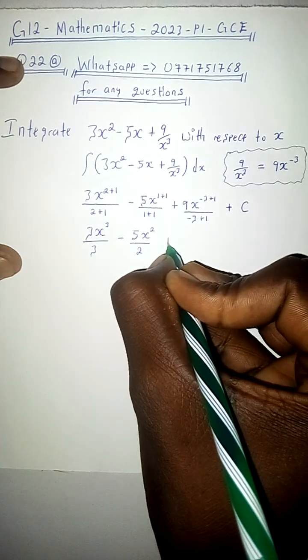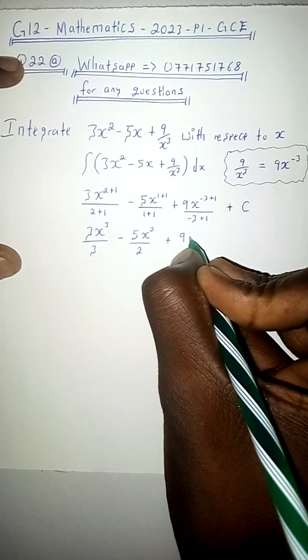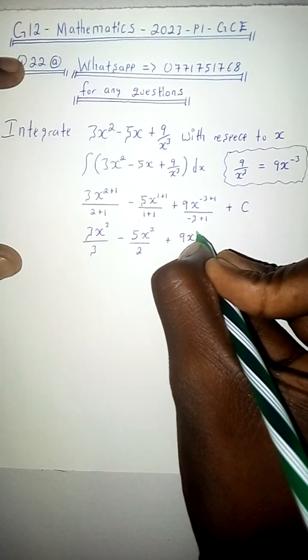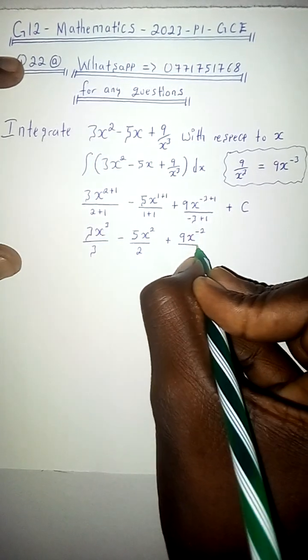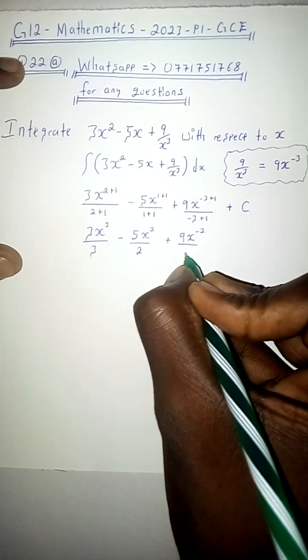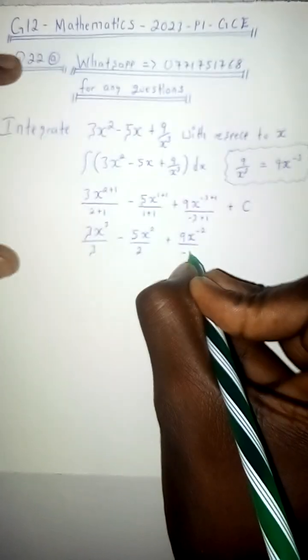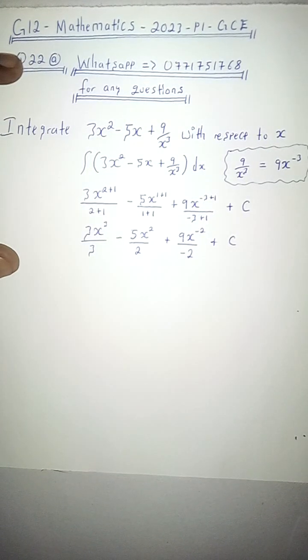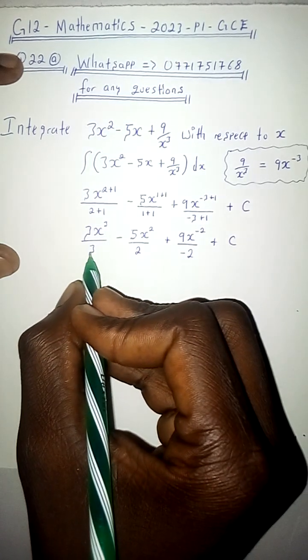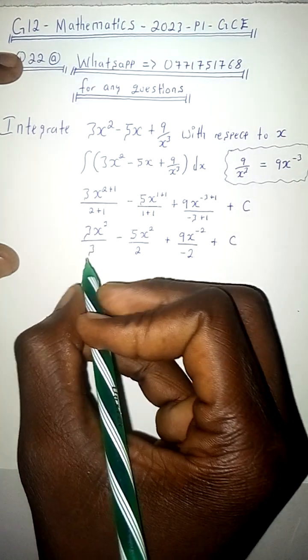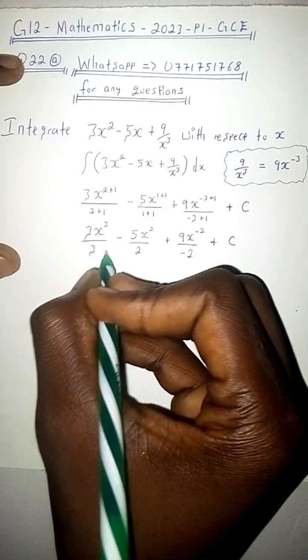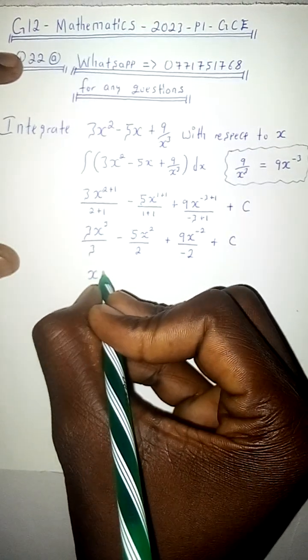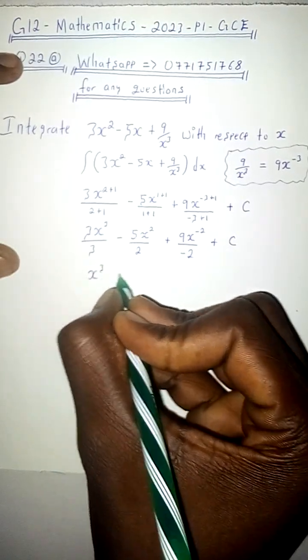Then here we are going to have 9x to the power negative 3 plus 1, that's negative 2, over negative 3 plus 1, that's negative 2, plus c. Okay? Yes, guys. Then here we're going to divide, right? This into this, we're going to have 1 multiplied by x to the power 3. We are going to have x to the power 3.